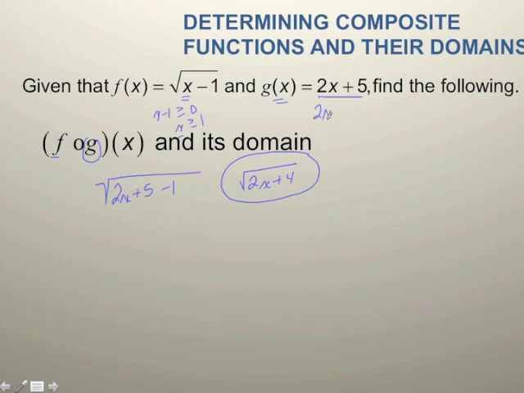So 2x plus 5 has to be greater than or equal to 1. 2x is greater than or equal to negative 4, and x is greater than or equal to negative 2 then. So the domain will be from negative 2, with a bracket because it's or equal to, to infinity. That will be the domain of f of g of x.